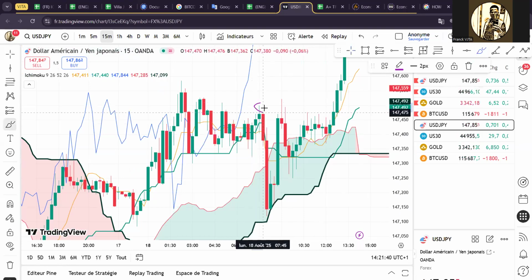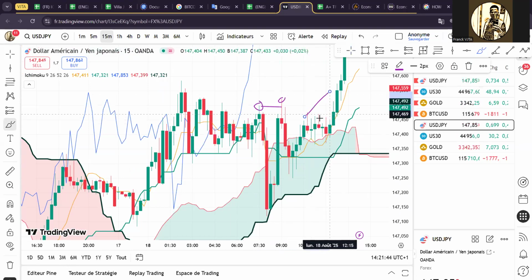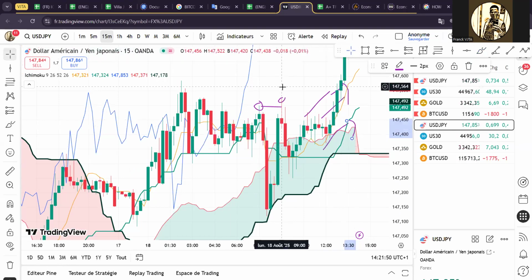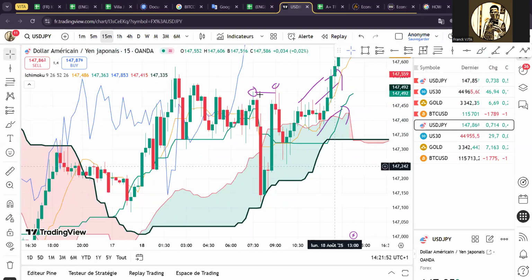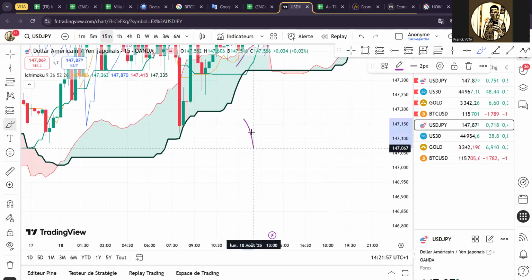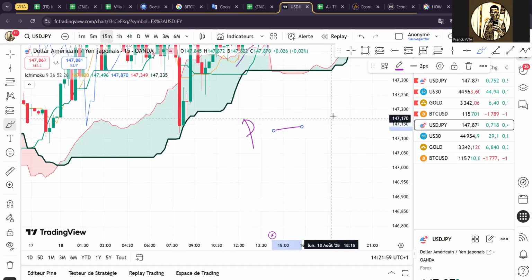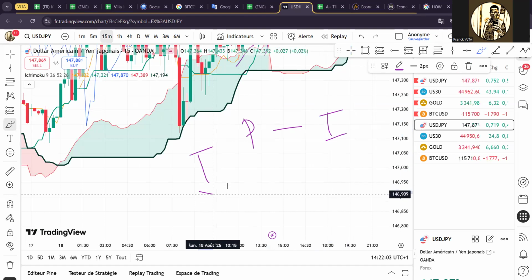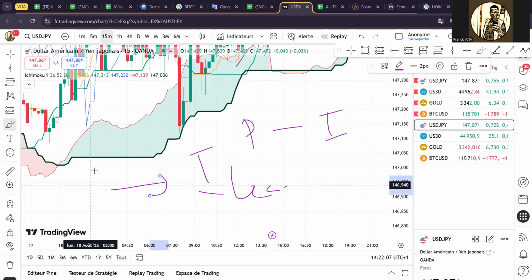So if the price logic makes a buy here and 1 hour is already inclined to the upside, keep buying. The price is in the same direction. Who follows who? The price follows Ishimoku. So Ishimoku is the leader, dragging the price toward it, right?